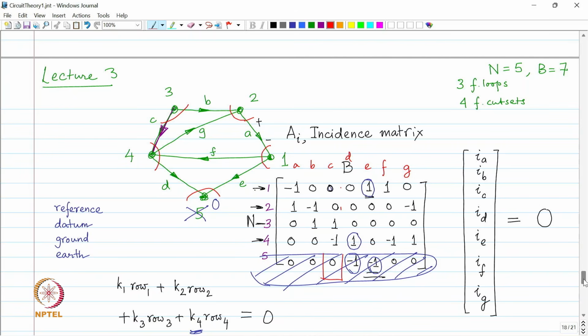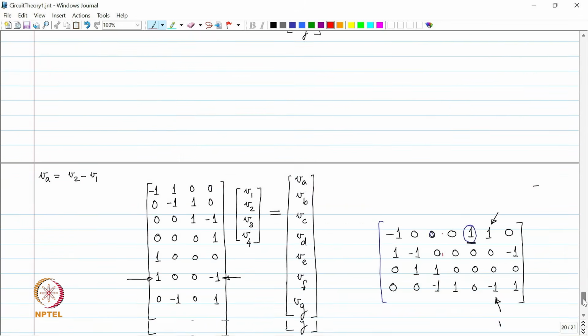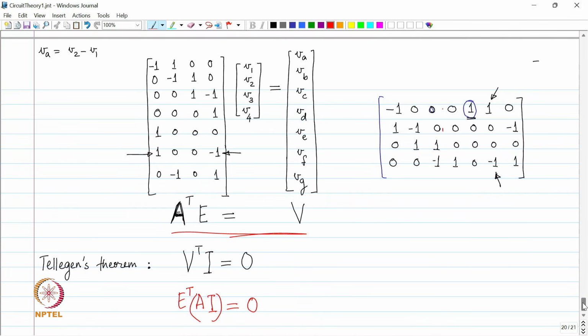Two circuits will have the same incidence matrix, and therefore, A transpose is also going to be the same, because they also obey KVL, which means that V A will always be equal to minus V 1 plus V 2 and so on. So, as long as they obey KCL and KVL, I can measure the currents in one circuit, I can measure the voltages in the second circuit, do the dot product and they should be equal to 0.